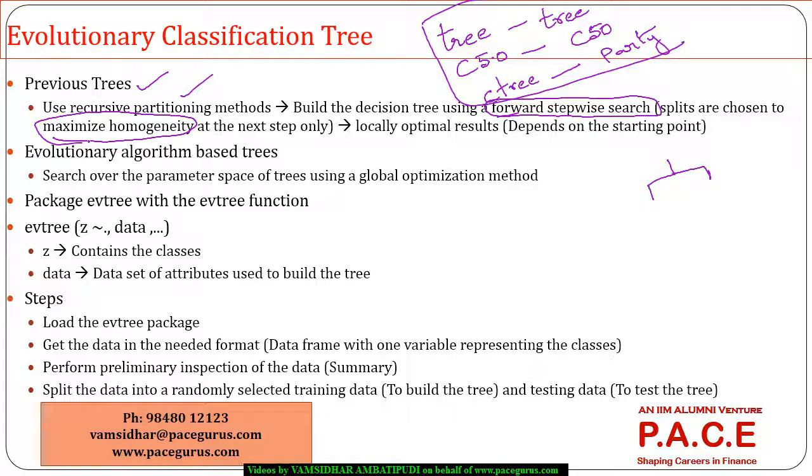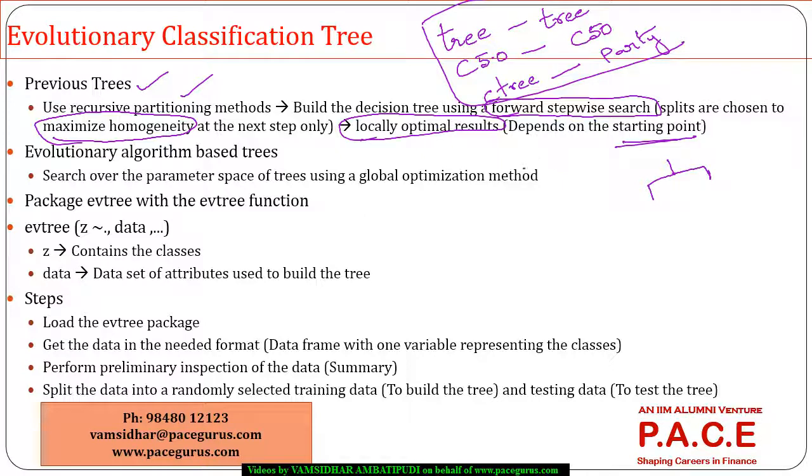So once it has done the split, I want the homogeneity to be maximized after the split has been performed. I want more proportion of values belonging to one single class after the splitting process is completed. So there is a good chance that these kinds of methods give us locally optimal results. It depends on where the starting point is.